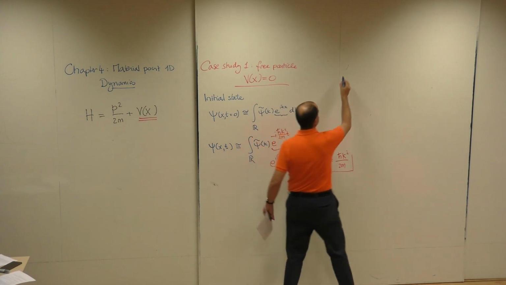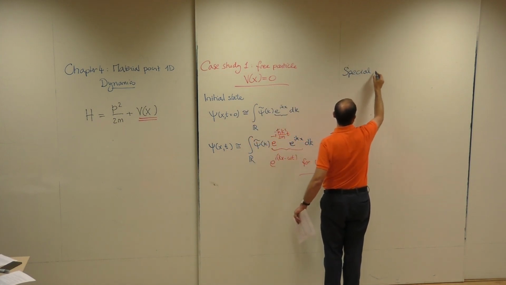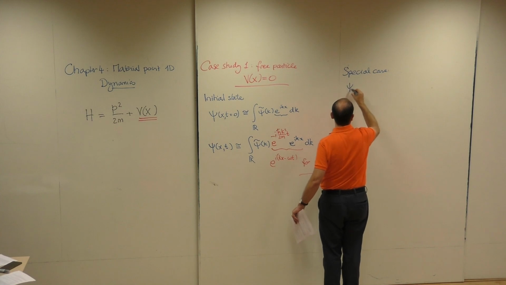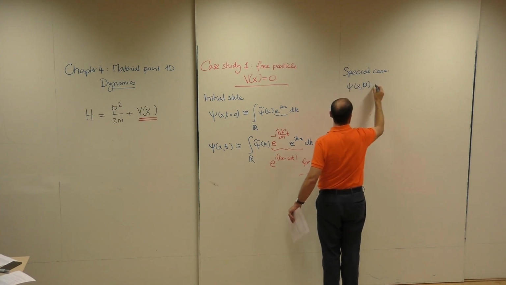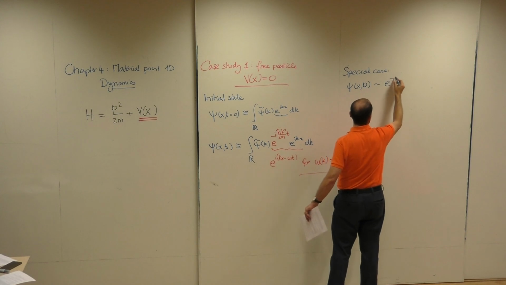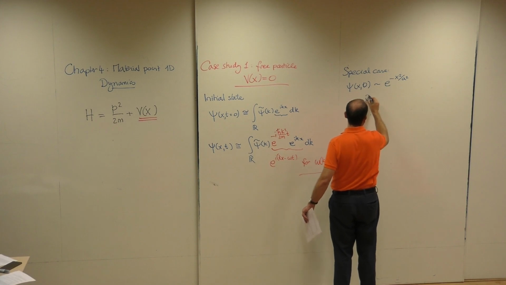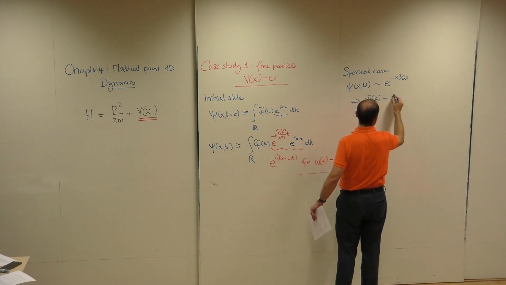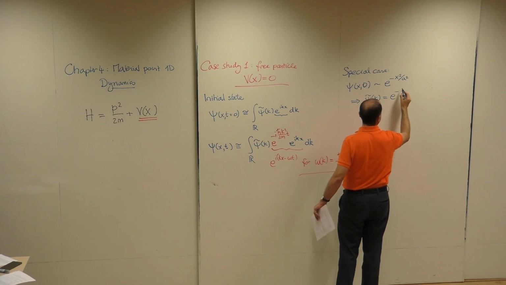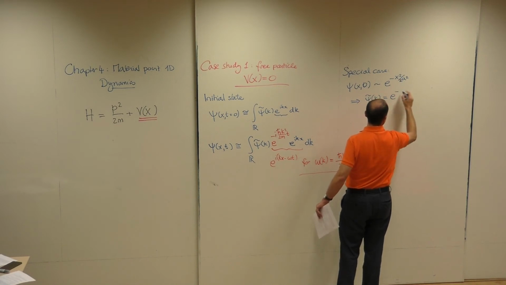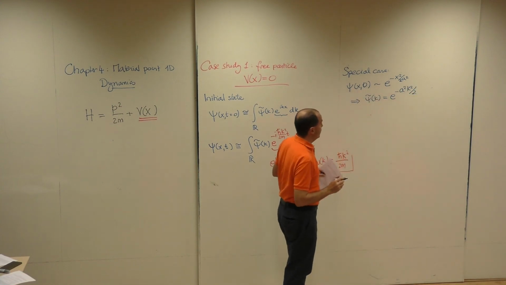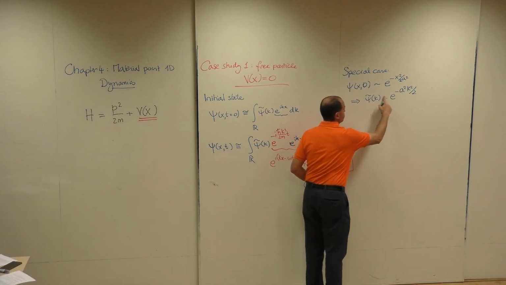So that's the special case, and I will just give you the result. The special case is when psi of x, 0 is a Gaussian, something like e to the minus x squared over a squared, which means that psi tilde of k is also a Gaussian, proportional to e to the minus k squared over something, again with some constant.